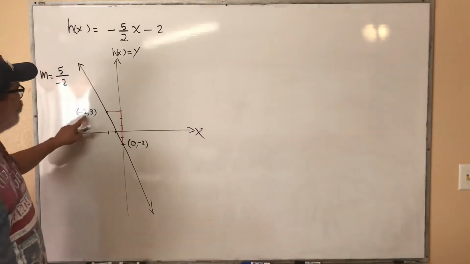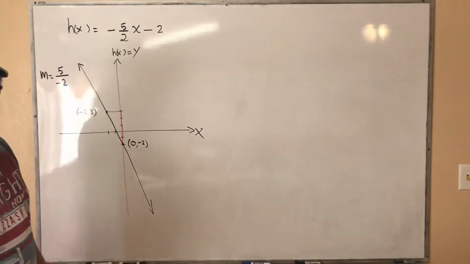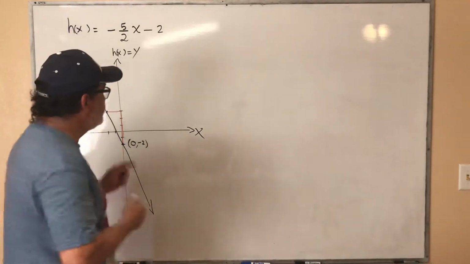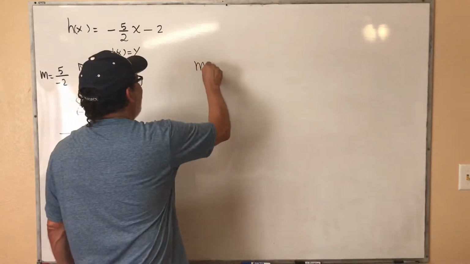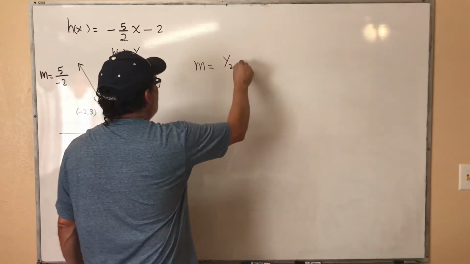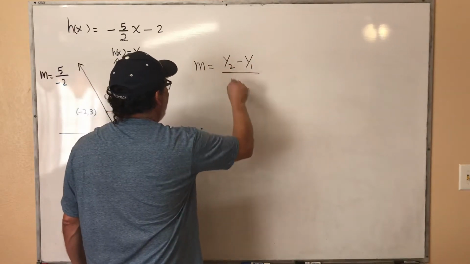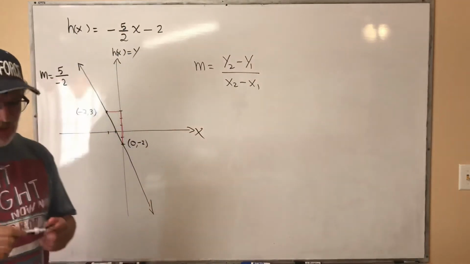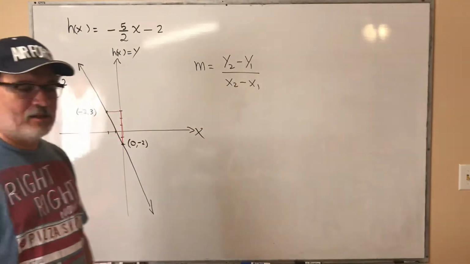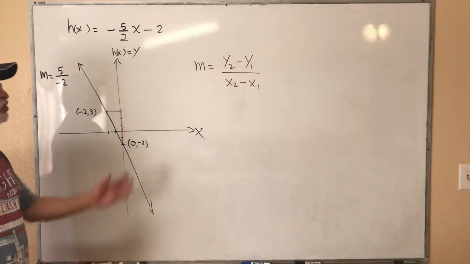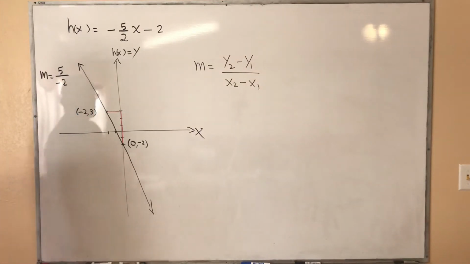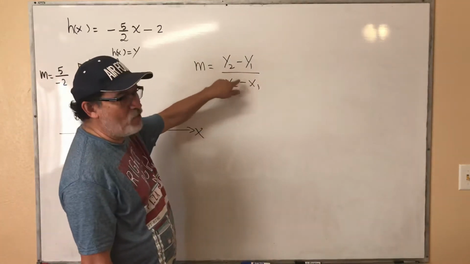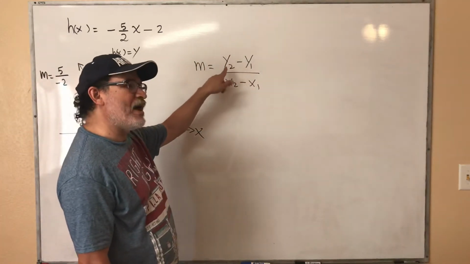We can use those 2 points to find the slope. Sure we can. So the slope is y2 minus y1 over x2 minus x1. Use this formula to find the slope. Okay. So here we have 2 points, x1, y1, x2, y2.